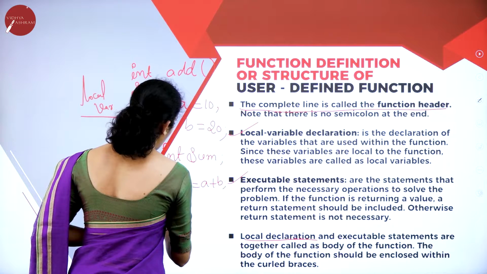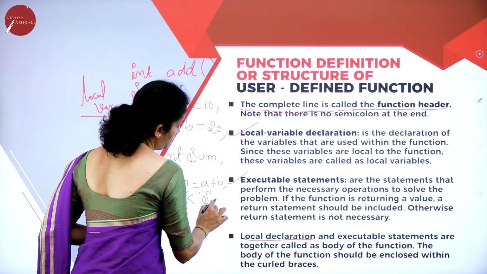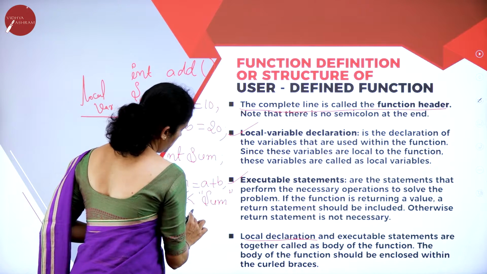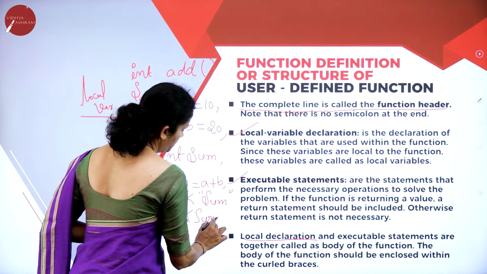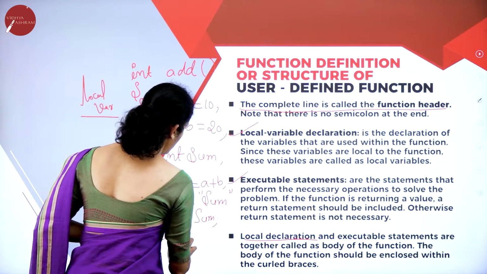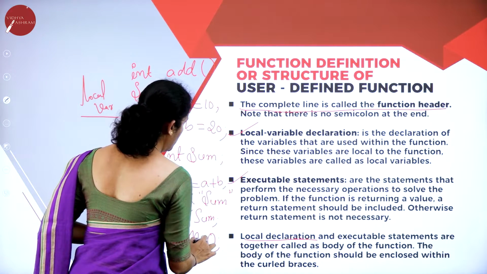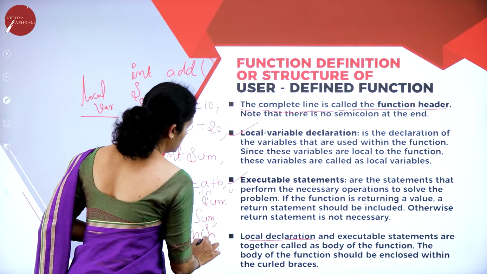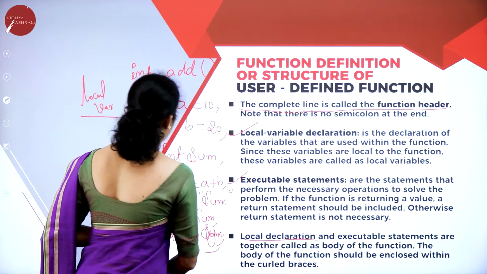Now cout sum, now print the sum, then return 0 or return sum, and close this one.